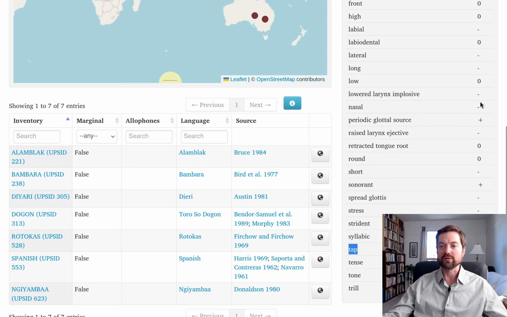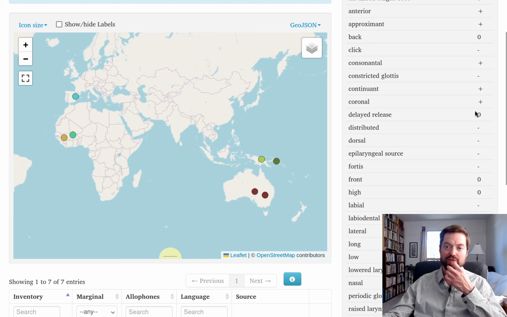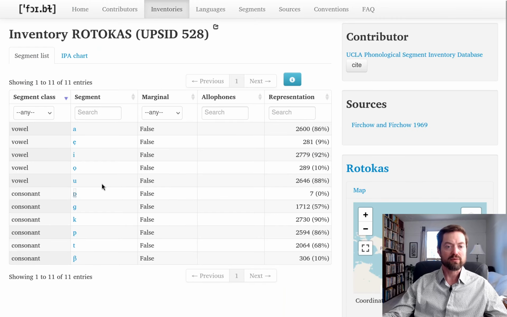So it's a little bit like an R or a D. And it's coronal, made with the front of the tongue, but it is continuant. Okay, so that is an interesting sound.